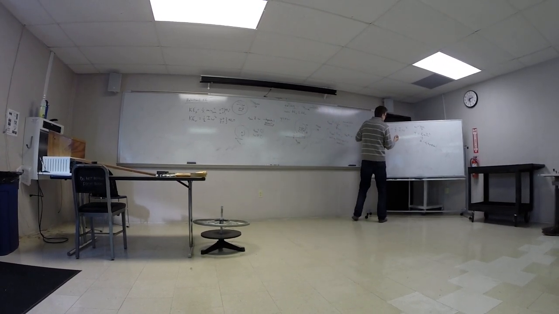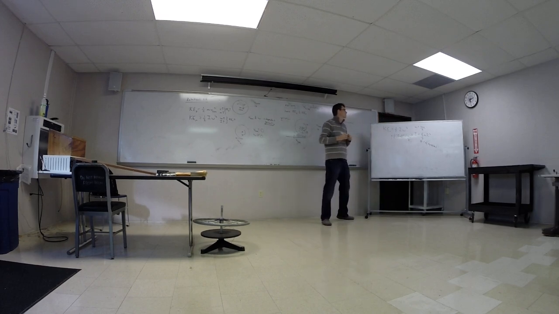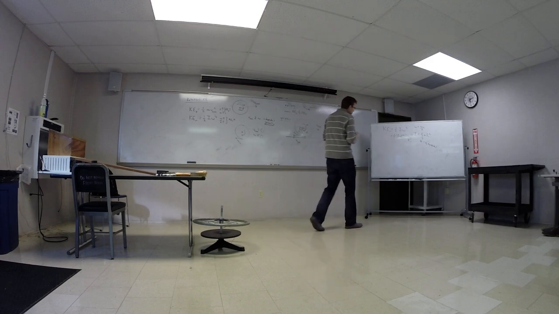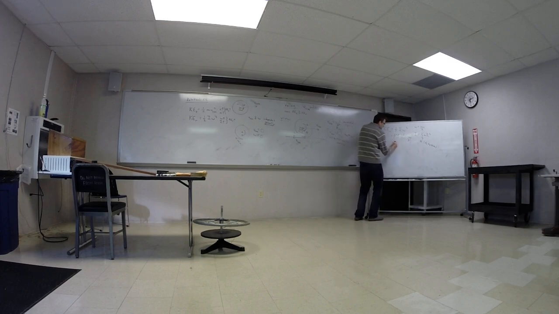So let me show you what I get. So I put in squiggle mr squared here, and I put in vcom over r over here. So notice what happens here. The radius cancels entirely, and then I'll factor out the squiggle.